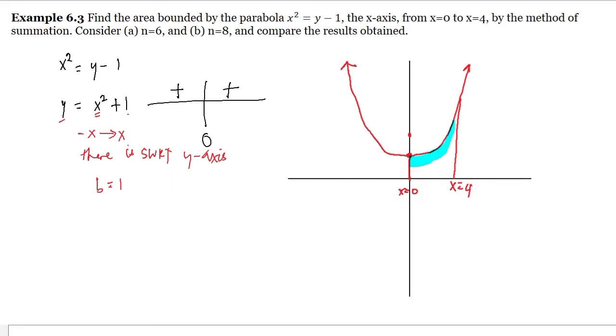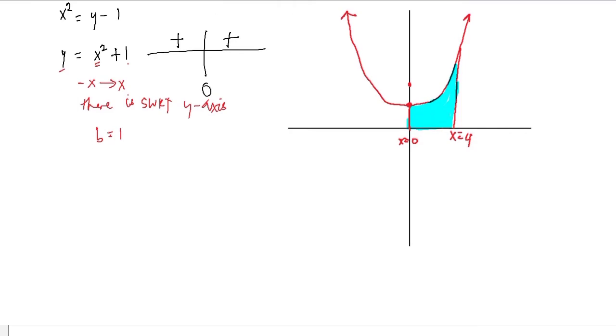Yan. Under the curve from 0 papuntang 4. Tapos, sabi niya, una ay isosolve natin using n is equal to 6, pagkatapos n is equal to 8. So, tingnan natin. Doon muna tayo sa n is equal to 6.